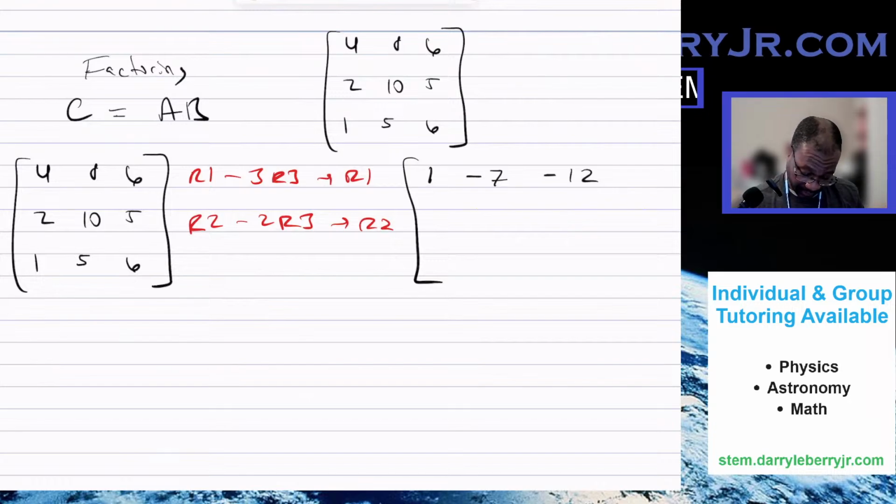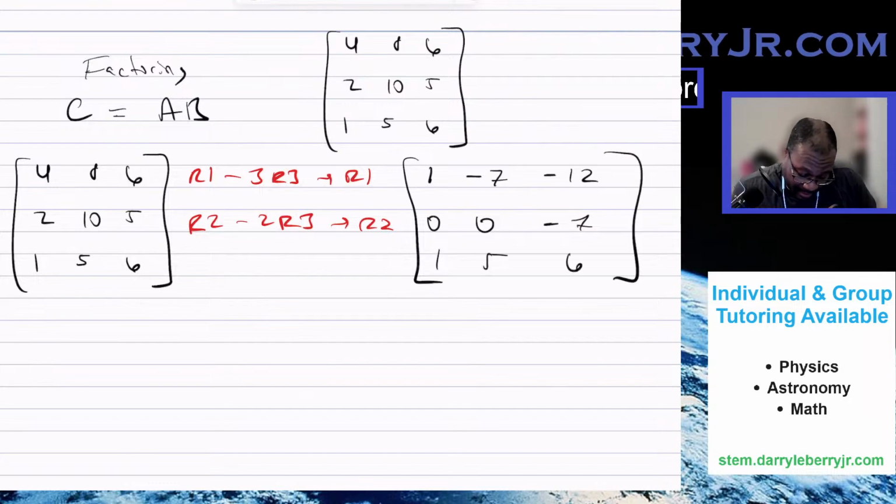Then we have minus 2, so 0, 0, negative 7, 1, 5, 6. Let me make sure I did that math correctly. Minus 3, minus 15, minus 12, and minus 18.